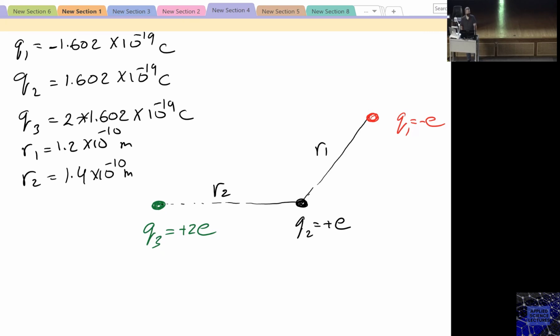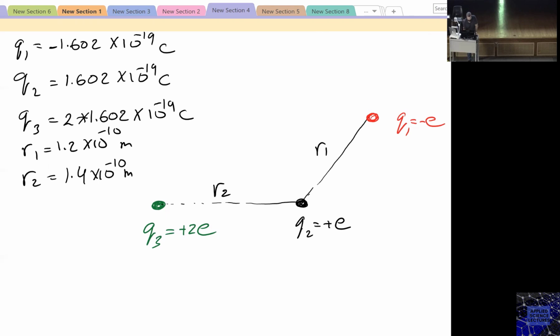So the first thing I need to draw is the force due to Q1, which is the electron, on Q2, which is the proton. The first thing I need to pay attention to: are those charges opposite or alike? They're opposite, which means the force should be attractive.